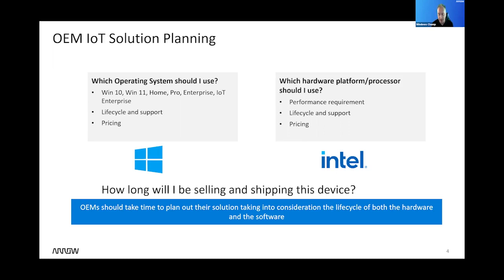Then they rush around trying to get Windows updated and figure out where to source newer hardware. You can avoid all that simply by taking the time to plan out your hardware and your software. Windows IoT has a much longer life cycle, which we'll talk about, and that gives your appliance plenty of time to stay on the market and makes your life much easier, so you're not running around trying to source hardware and find the right software. So take the time to plan.